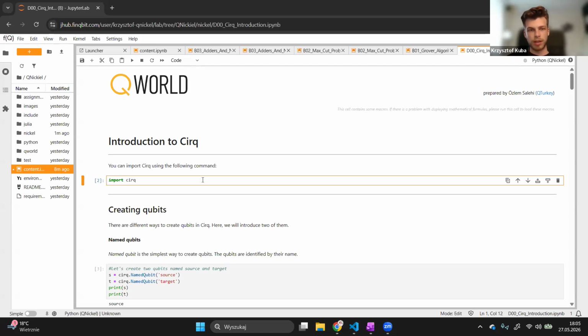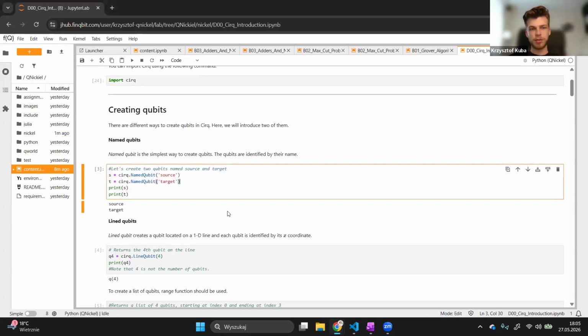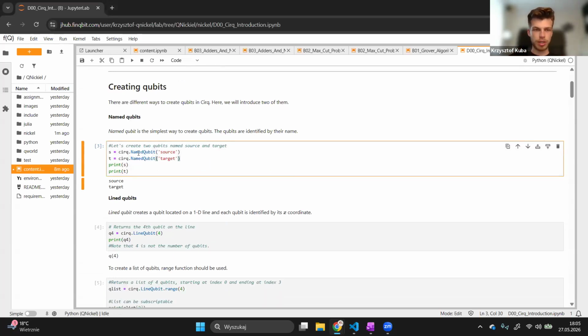So I will start my introduction with Cirq, and we can import Cirq by calling import cirq. And there are a few naming conventions you can use in Cirq for qubits, which are named qubit and also line qubit.